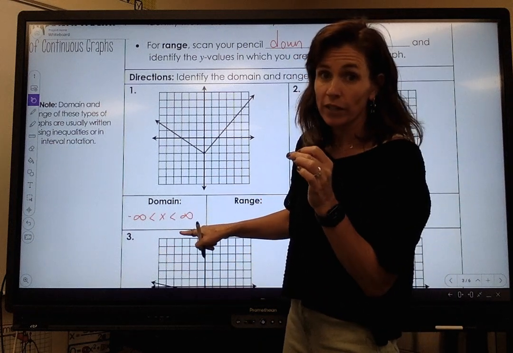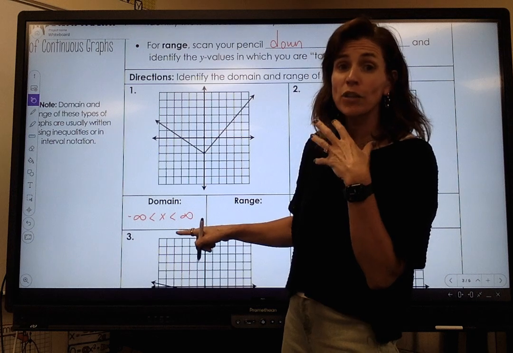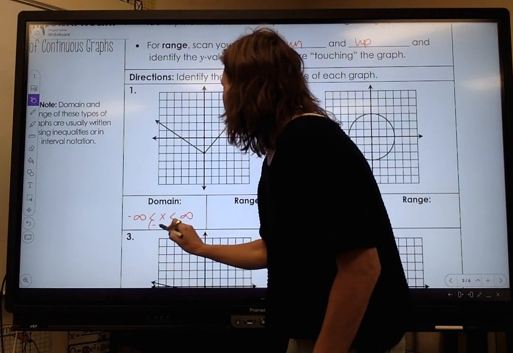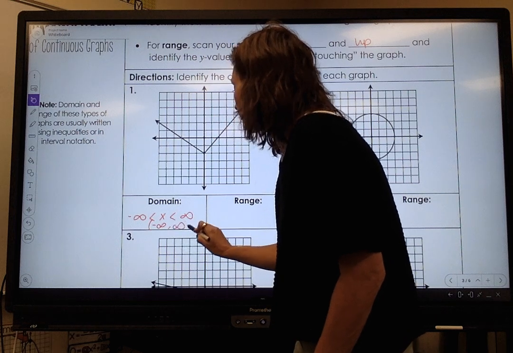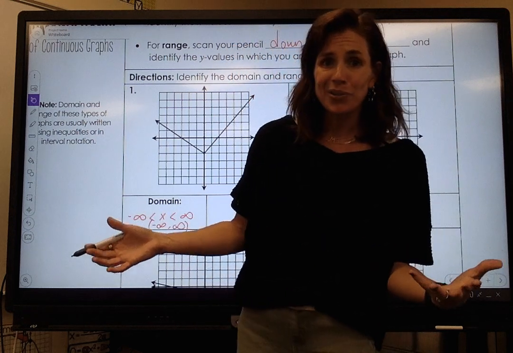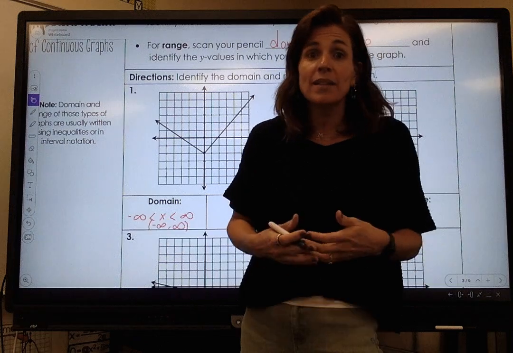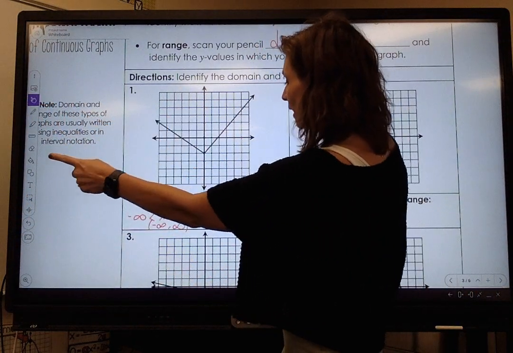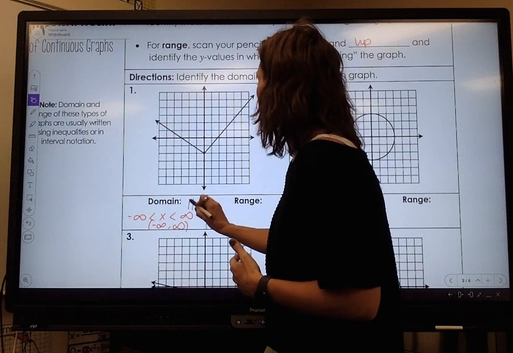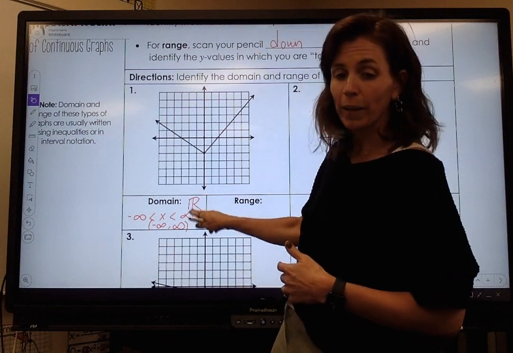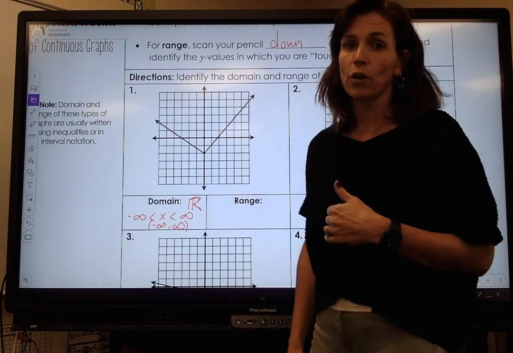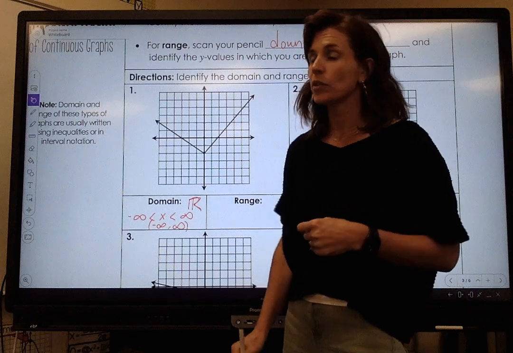That's my inequality notation. If I use interval notation, it would go from negative infinity to positive infinity. But I can also say it's just all real numbers. It means it's going to be every single number that we have, right? All the way from negative infinity to positive. And for me to use all real numbers, it's 2 parallel lines and then the letter R. That stands for all real numbers. Okay, so that's my domain.